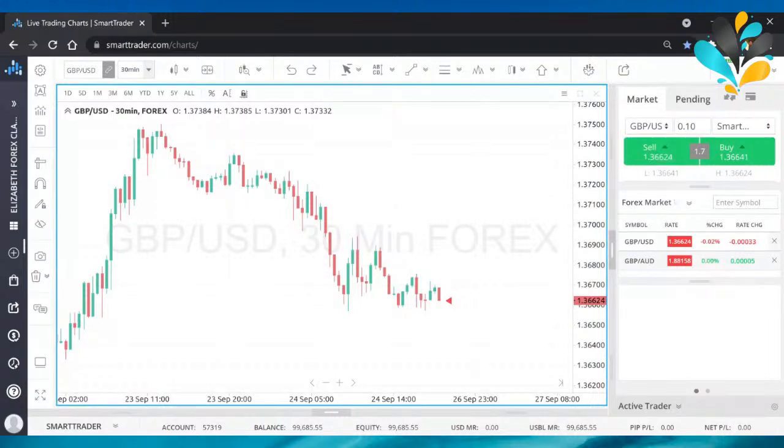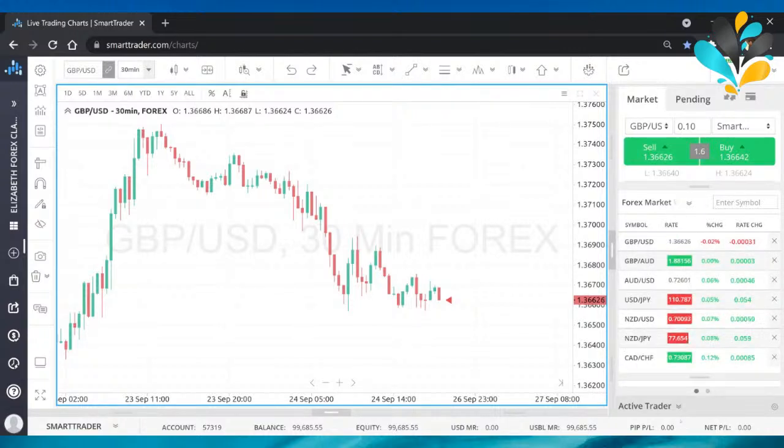So first and foremost, if you want to switch between currency pairs, you have two options. You can either use what is called the Forex Market Watch on the right-hand side of your screen. So there will be a specified set of currency pairs that would automatically show up whenever you sign up for Smart Trader on the right-hand side of your screen under the Forex Market Watch.